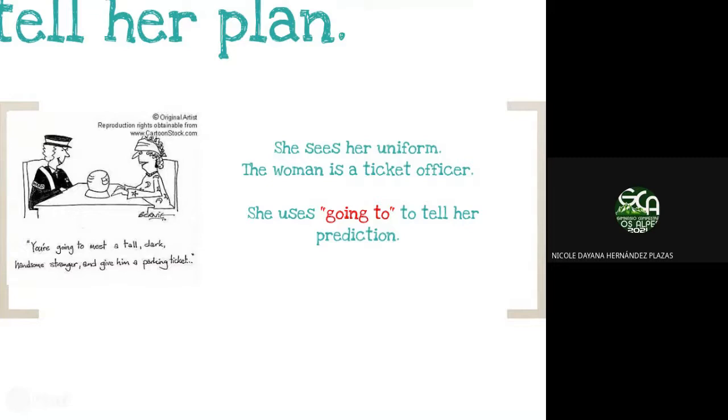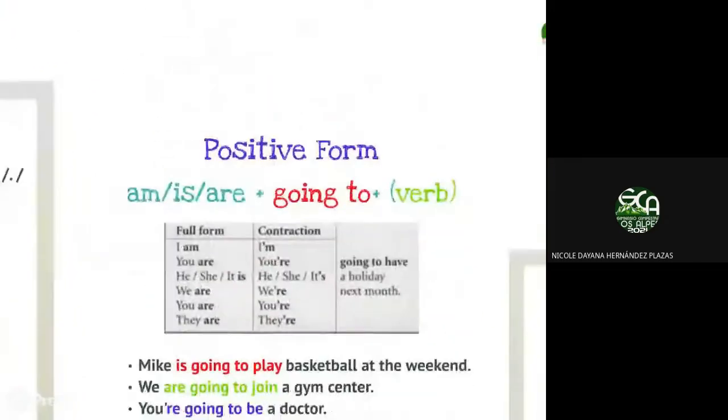Because of the uniform, this girl is having an evidence. So, going to make predictions with evidence. Without evidence, it's not possible to use going to. Questions up to this point? It's really easy.